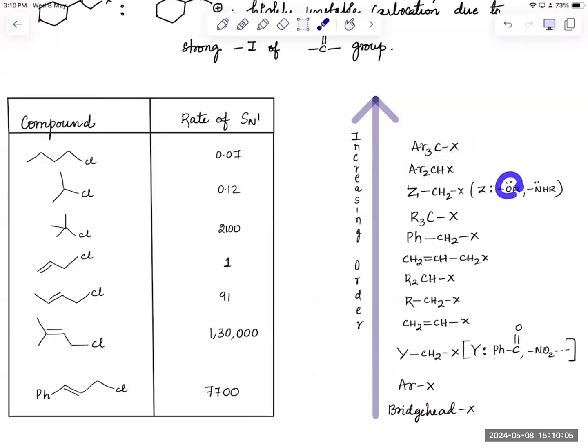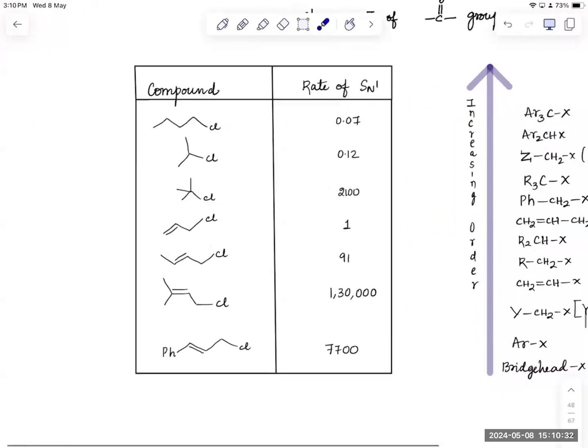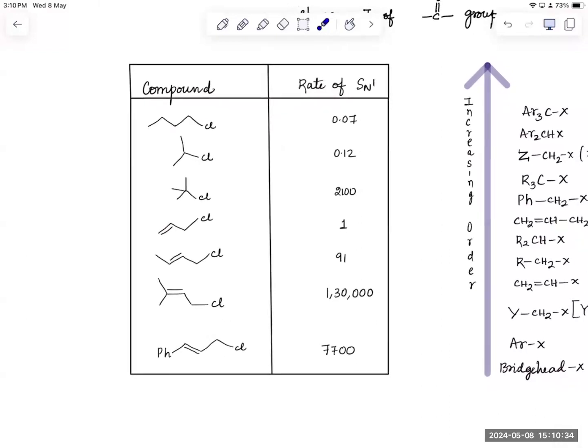Then if you have any lone pair donating groups, then we have tertiary, then phenyl, then this is the benzyl group, allyl, 2 degree, 1 degree, and then we have methyl, and vinyl. These are all not the reactions which will take place. See the compound and check out the rate of SN1.